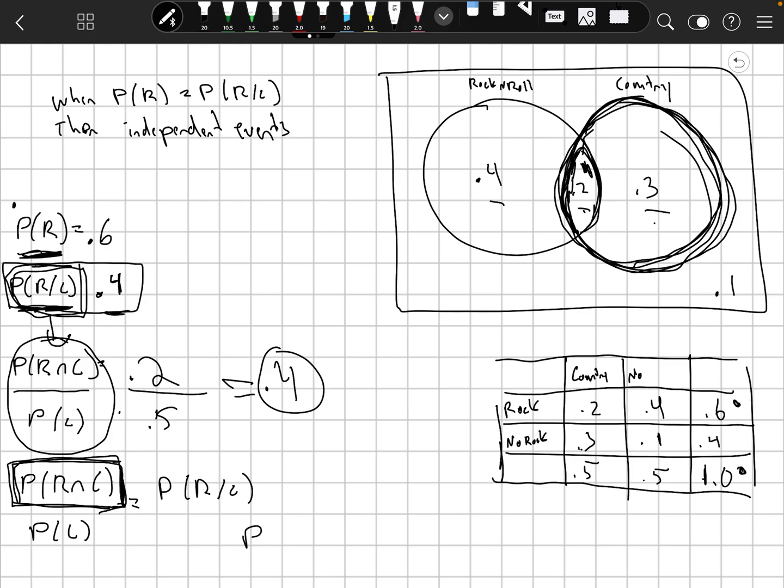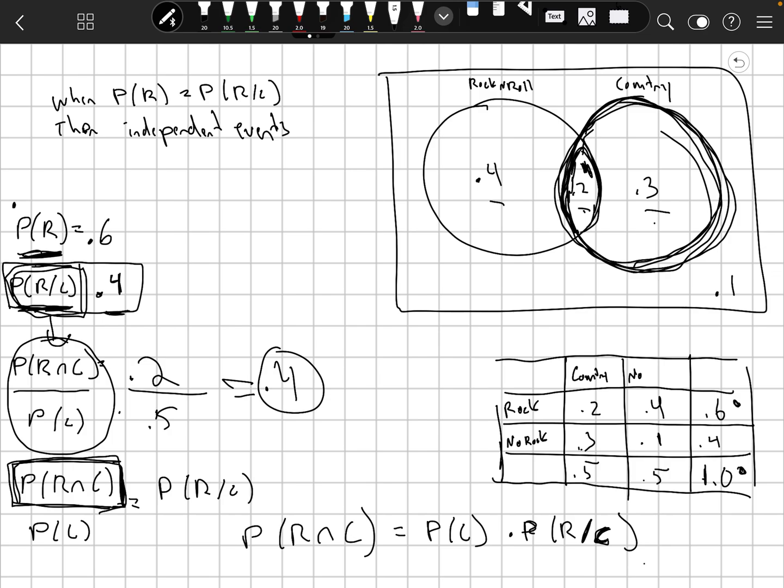So you end up with the probability of rock and roll intersect country music, so they like both of them, equals the probability of country music times the probability of rock and roll given country music.